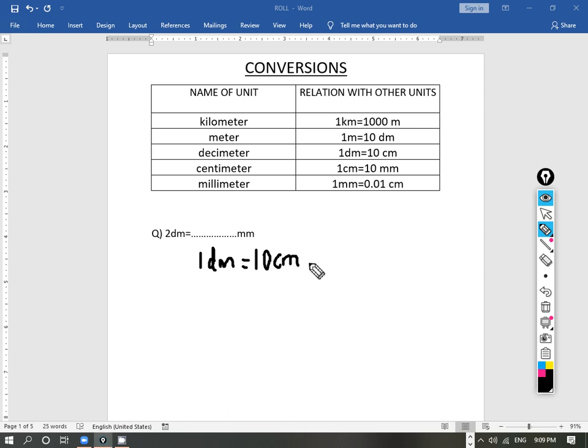And we know that 1 centimeter equals 10 millimeter. So if 1 centimeter equals 10 millimeter, then 10 centimeter equals 10 into 10 millimeter.